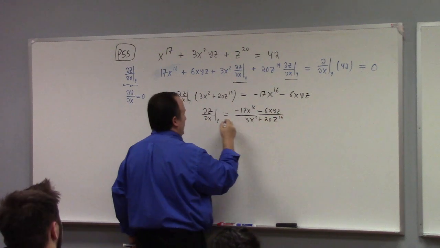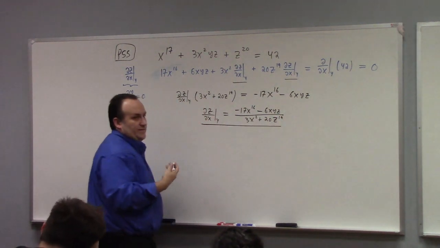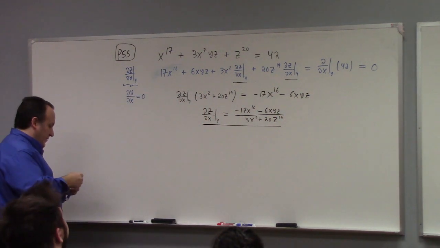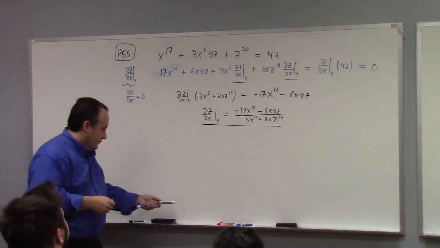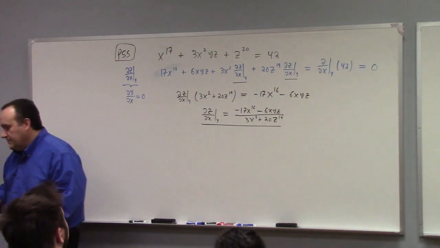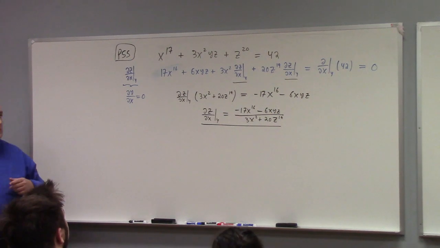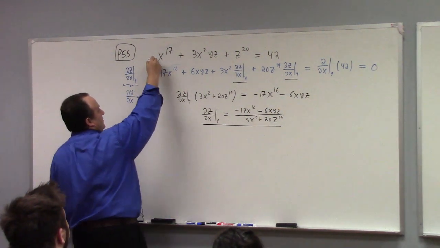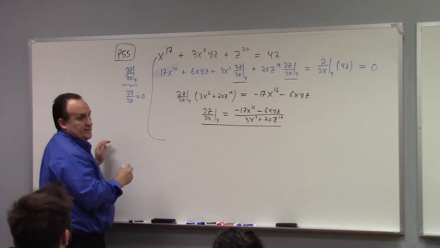This is not the best way to calculate, it's a way. But a far more efficient way is what I'm about to do in, let's say, purple, if I can find a working purple marker. So what you do is take the equation that you're given and take the total differential.